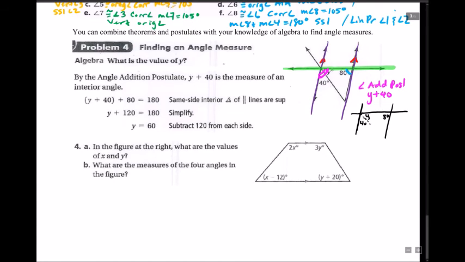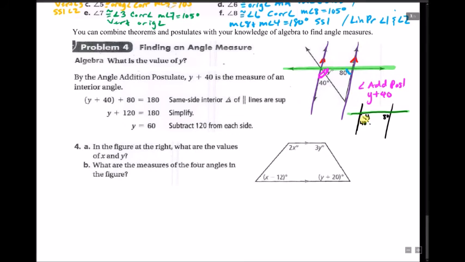Isn't that a little bit easier to see if we mark that as our transversal, that we want to add y and 40 together there to make our other angle? And then what types of angles do we have? I see same side interior.